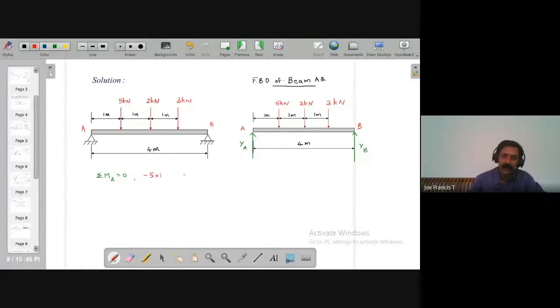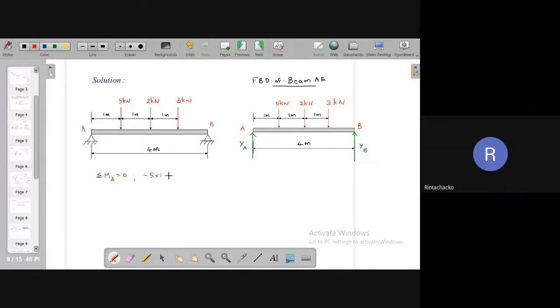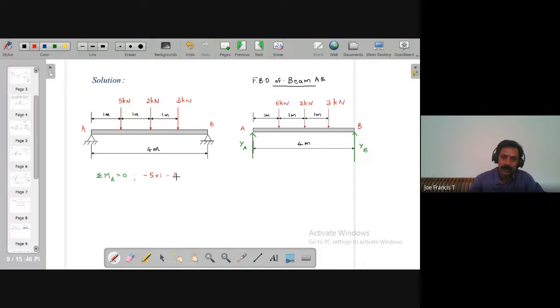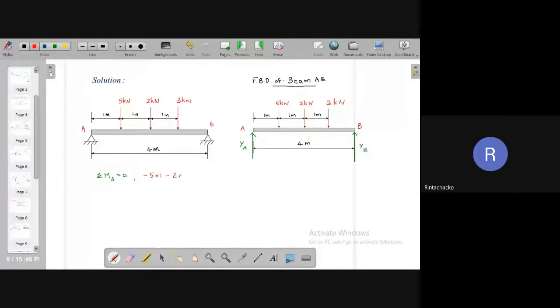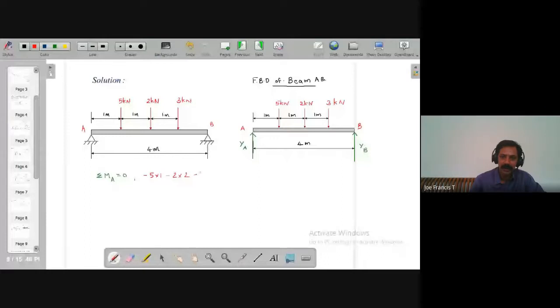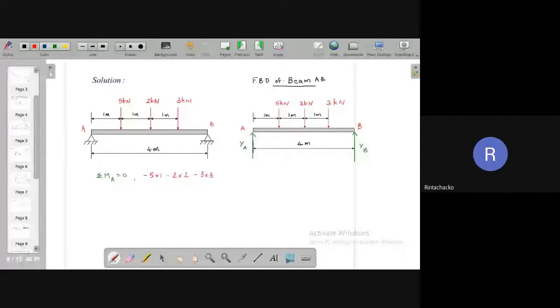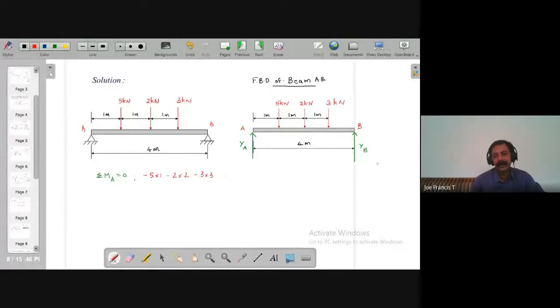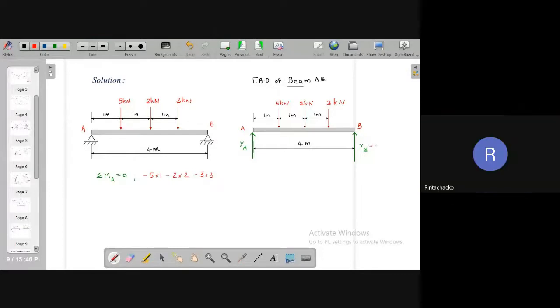Then minus 3 into 3. Fine. And then YB is there. YB is what we need to find.